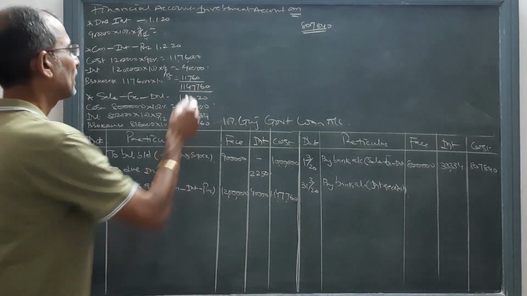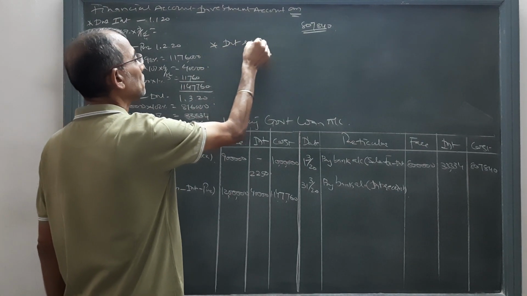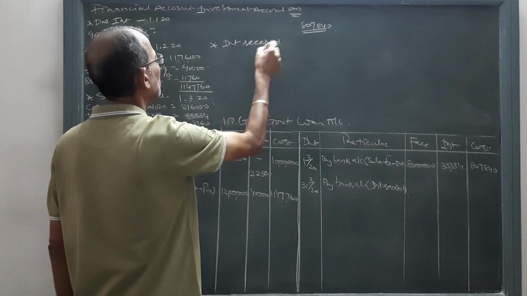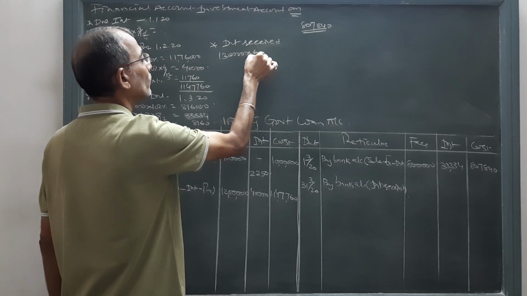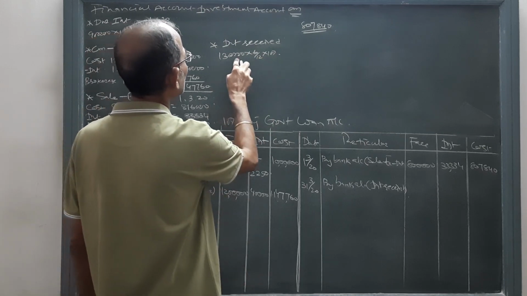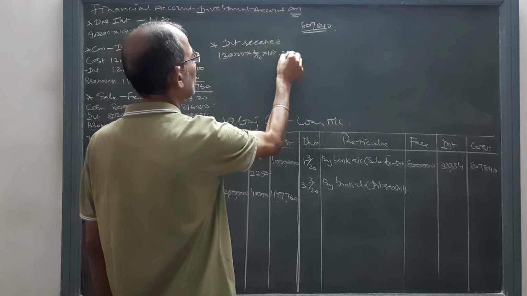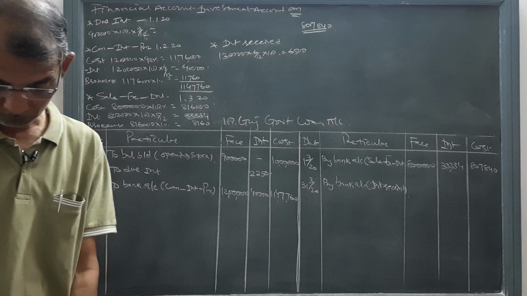So on 13 lakh interest received for 6 months at 10%. 10% will be 13,000. Half of that will be 6,500.